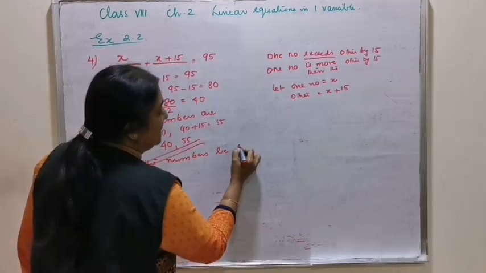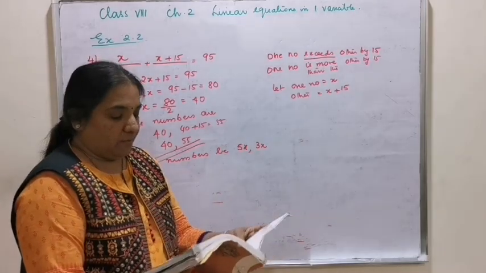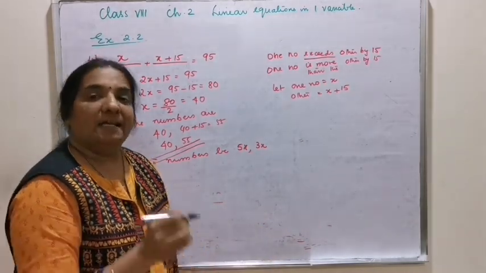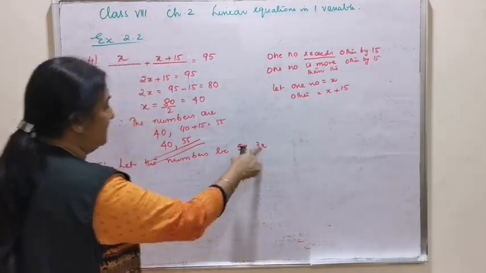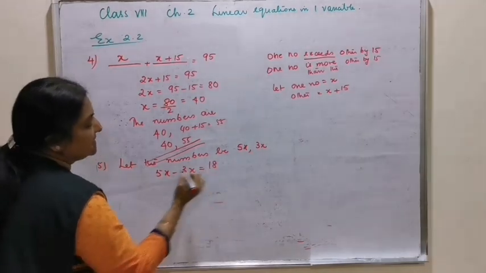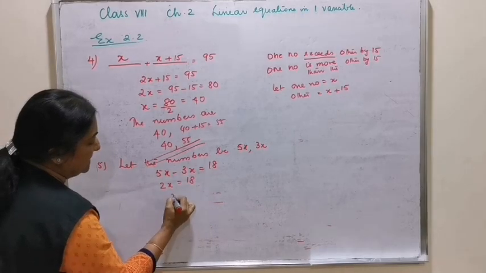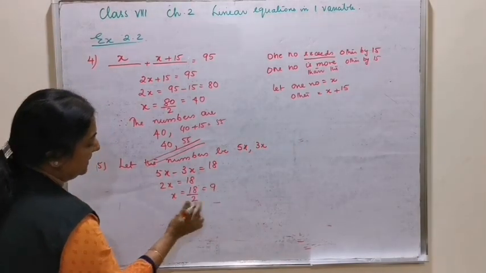Let the numbers be 5x and 3x. Now, if they differ by 18, difference means always the bigger number minus the smaller number. That means 5x minus 3x is equal to 18. 2x is equal to 18. x is equal to 18 by 2, 9.